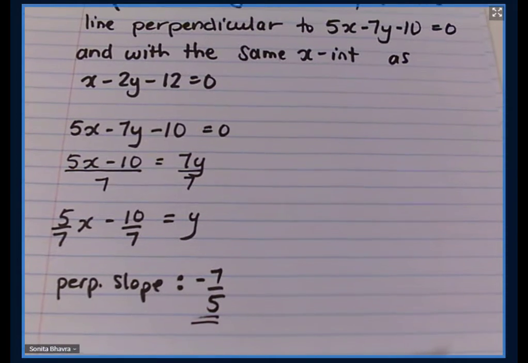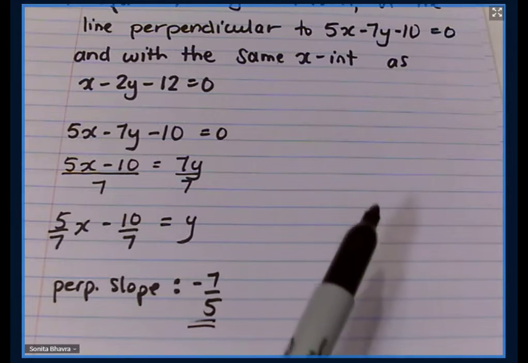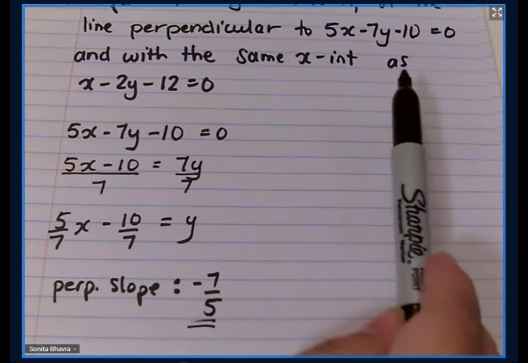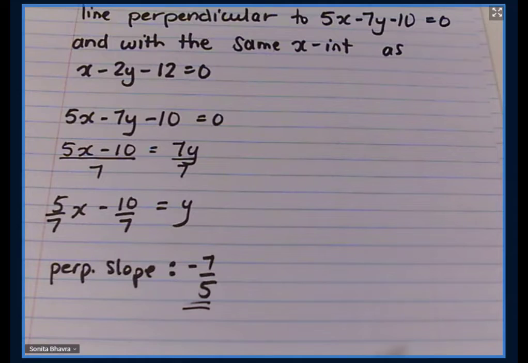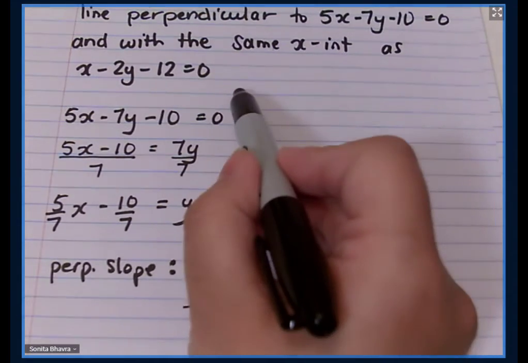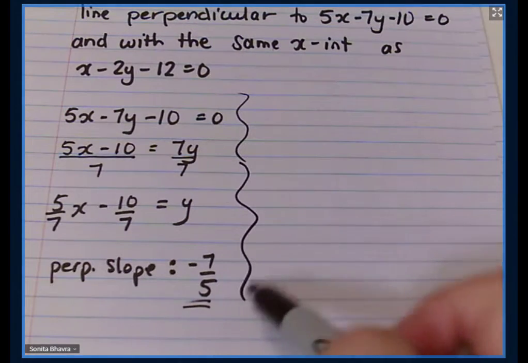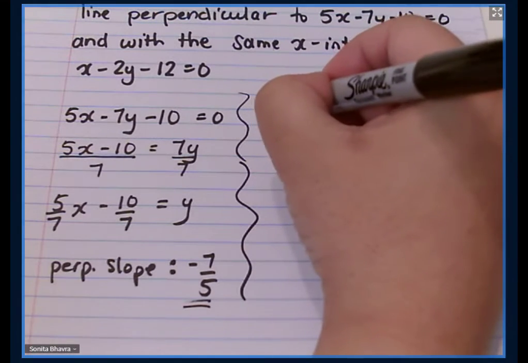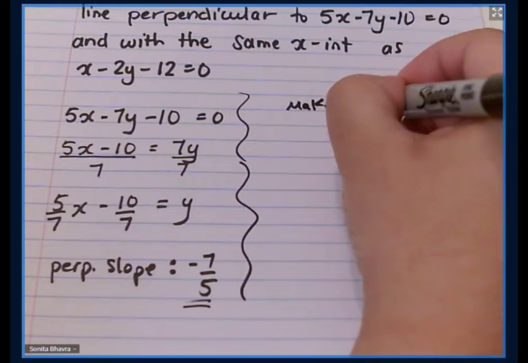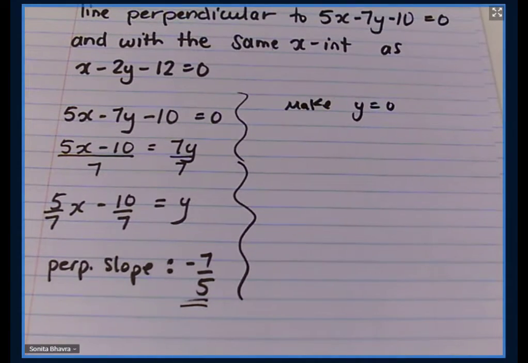The next piece of information we know is that this line is going to have the same x-intercept as this line. So we need to figure out what the x-intercept is. How do we find the x-intercept? You make y equal to 0.